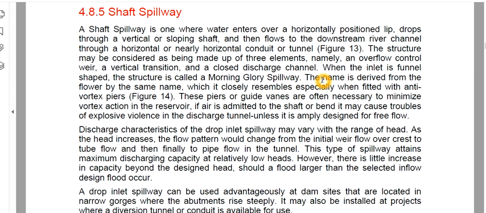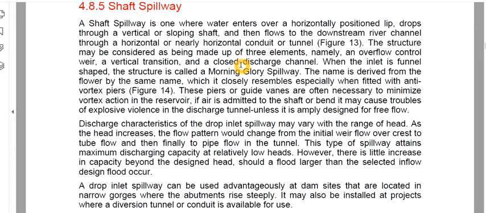Morning glory is a kind of flower. On the basis of the morning glory flower, this spillway is defined as the morning glory spillway. This name is derived from the flower by the same name, which it closely resembles, especially when fitted with anti-vortex piers.